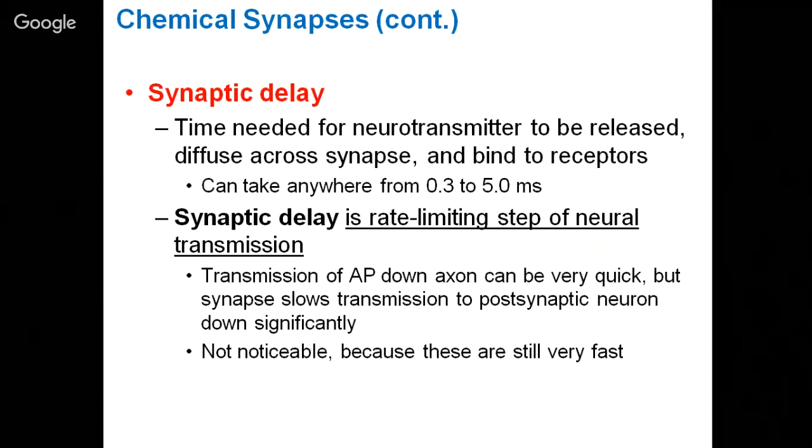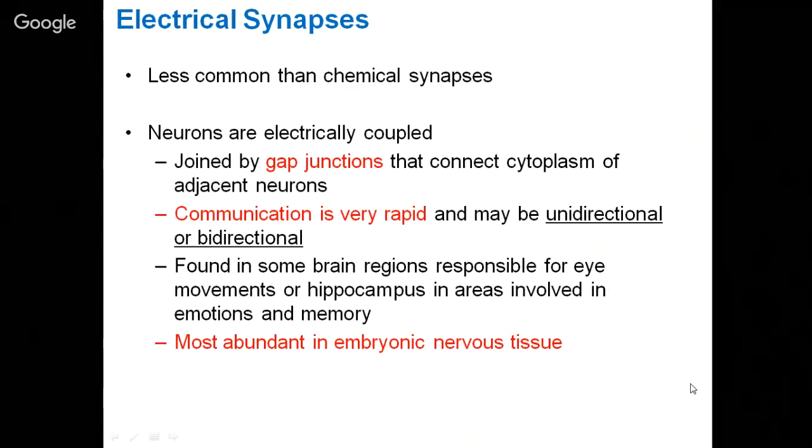The synaptic delay is actually a rate-limiting step of the neural transmission. Transmission of the action potential down the axon can be very quick, but the synapse slows transmission to the postsynaptic neuron down significantly. However, this synaptic delay is not noticeable because these are still very fast neuronal transmissions.